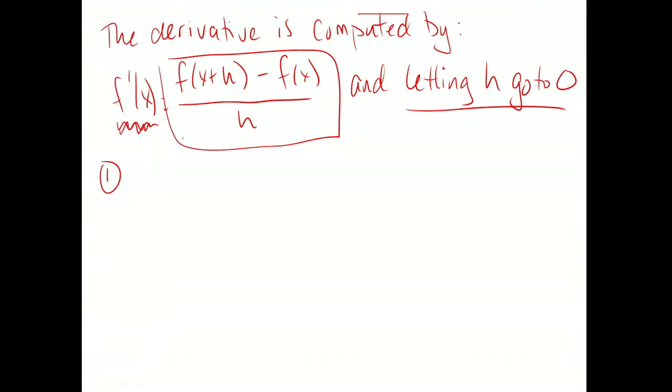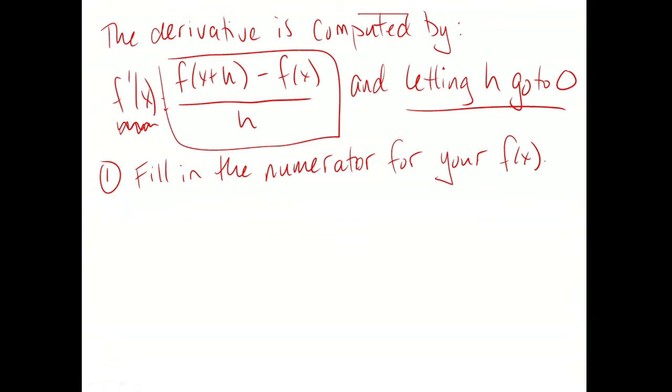So if I want to actually compute this derivative, step 1 is to fill in the numerator. That's the top of the fraction. So fill in basically these two guys, right?